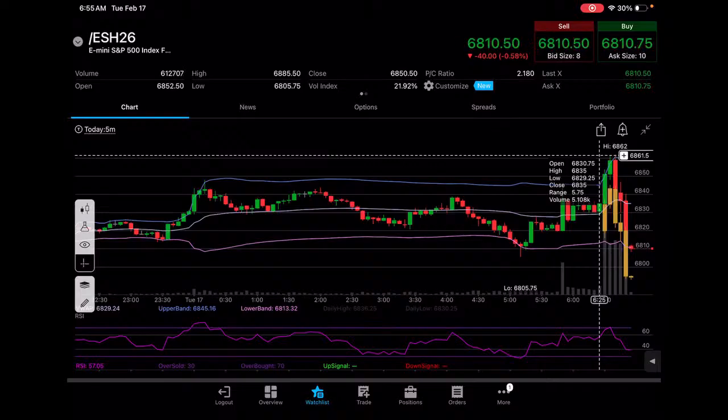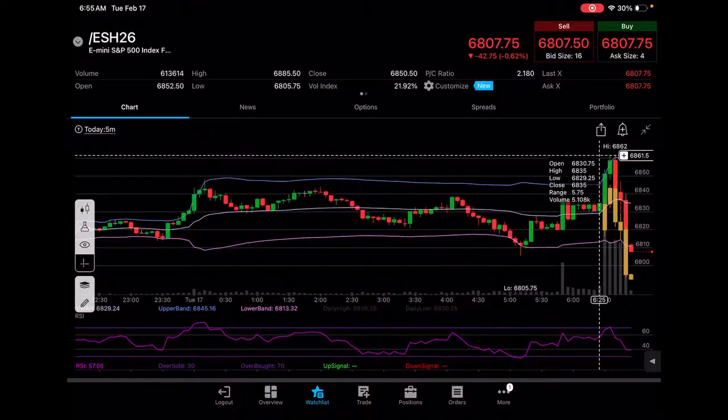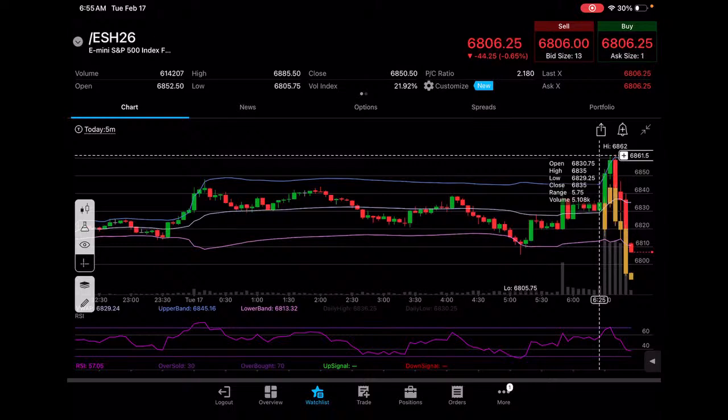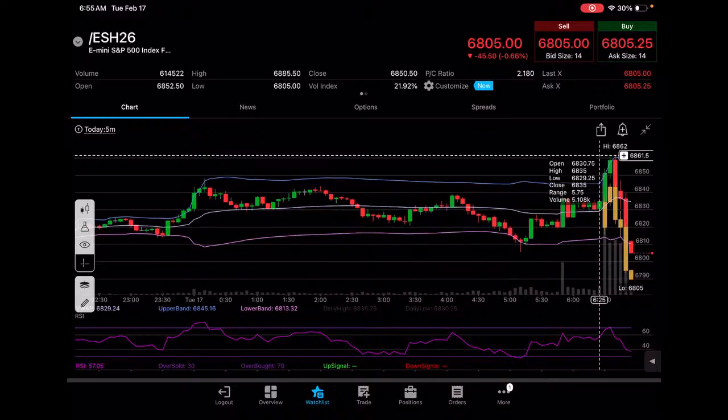And what we will see at that point is price headed towards the liquidity targets on the downside. First liquidity target would be 68.10. Second liquidity target would be 67.94. And the third liquidity target would be 67.60.